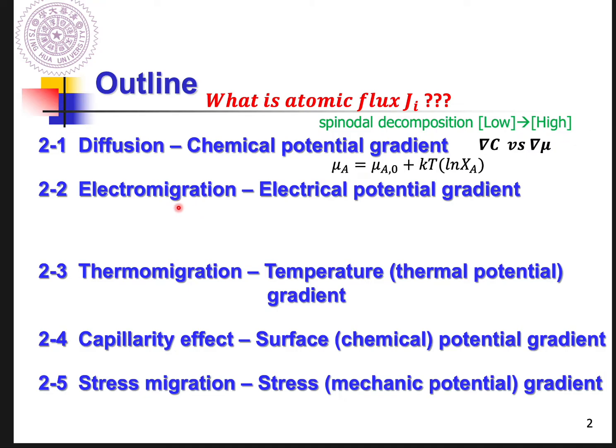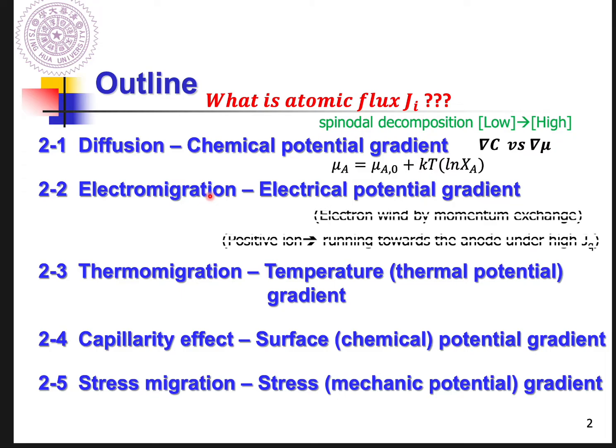So based on this, what should the driving force, the boundary condition, be? There must be an electric field applied on these materials, and that will cause an electrical potential gradient, or cause the current or electron flow. And this electron flow or electric field will affect the mass transport. So we are going to talk about this in section 2.